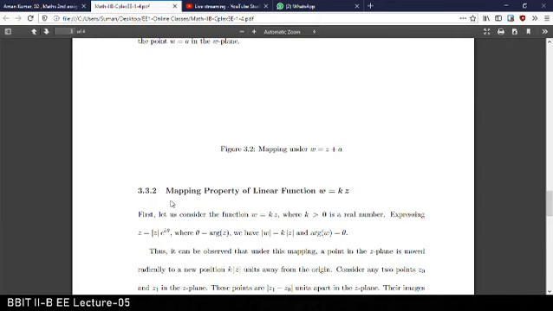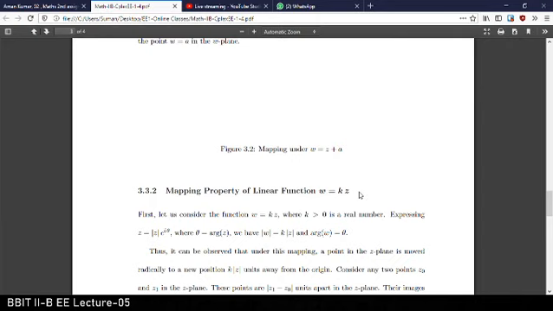So here magnification does not mean that it will always be bigger. It may be smaller also. You are magnifying with some number. If the number k is greater than 1, it is a magnification. If k is less than 1, it is a contraction. Actually the image will be a smaller one.